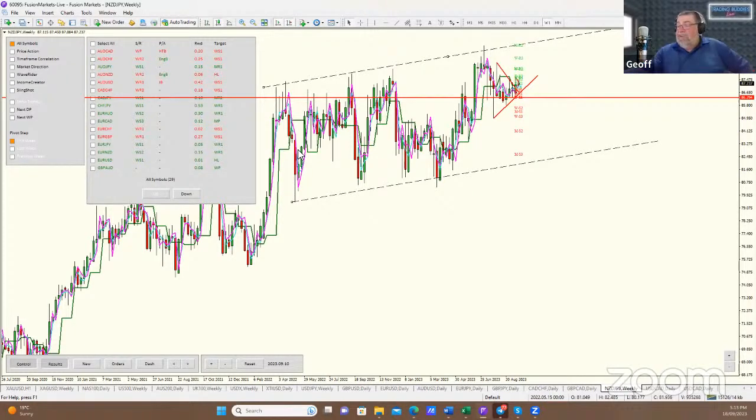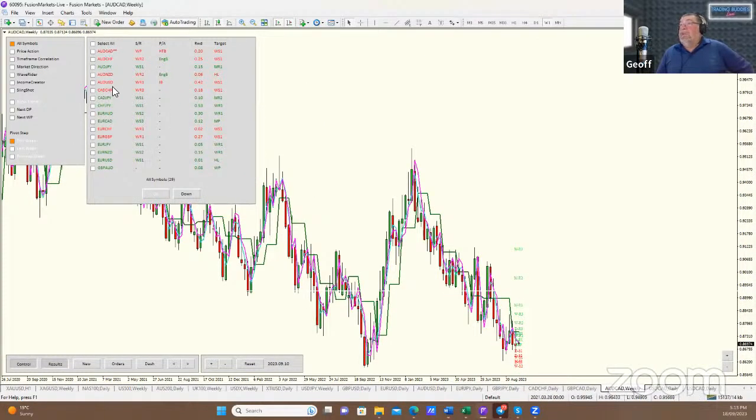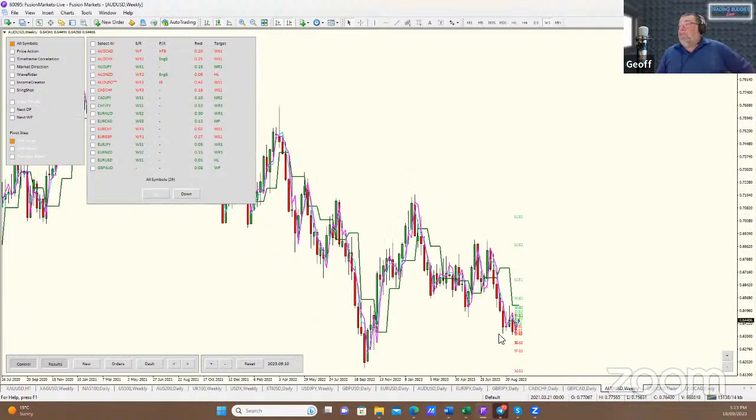I'm a big fan this week of trading ranges, and if you can find ranges that are just begging you to trade them, then that's exactly what I'll be looking to do. Aussie pairs are a little bit weird, but there's a nice little range there, for instance, on the Aussie versus the dollar.